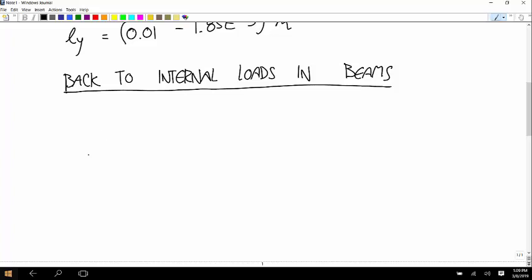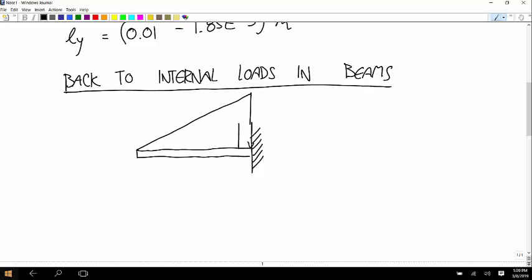So let's do a problem where we have a cantilever beam connected to a wall on the right, and a distributed load applied like this. The maximum value of the distributed load is 10,000 newtons per meter. And let's say the length is 2 meters.